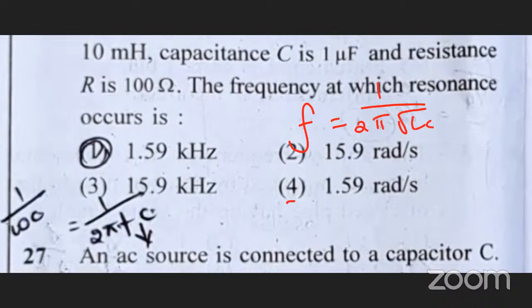So applying the values, L is equal to 10 millihenry and C is equal to 1 microfarad. We're getting the answer 1.59 kilohertz. So option 1 is the right answer for this.